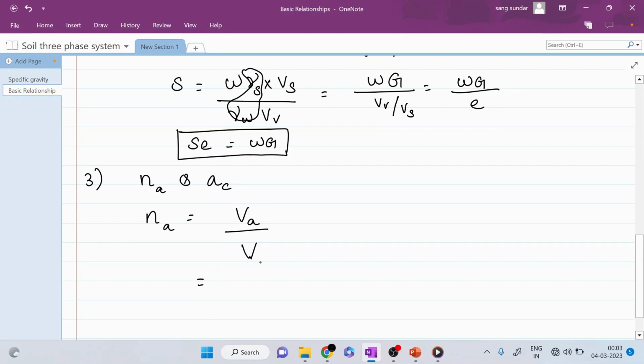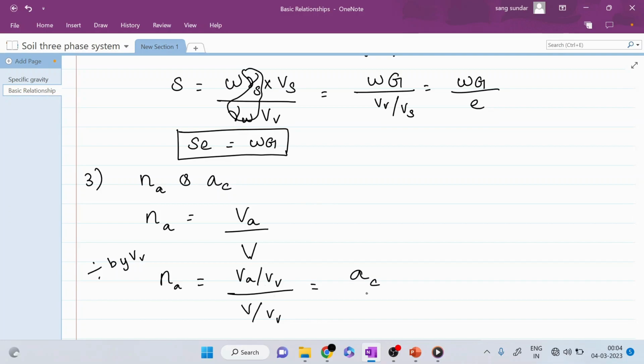Now, divide both numerator and denominator by volume of voids. So, VA by VV divided by V by VV. So, what is VA by VV? VA by VV is nothing but air content.